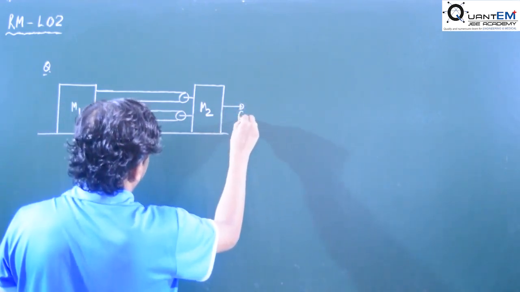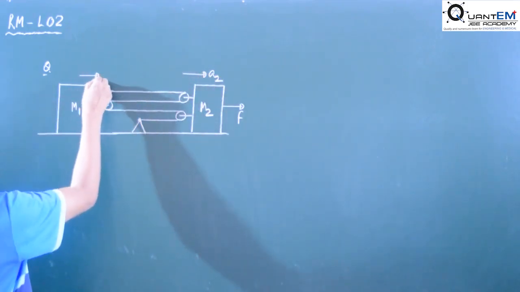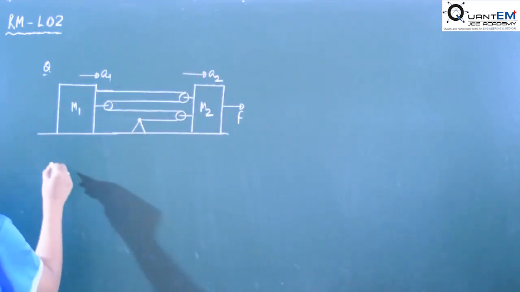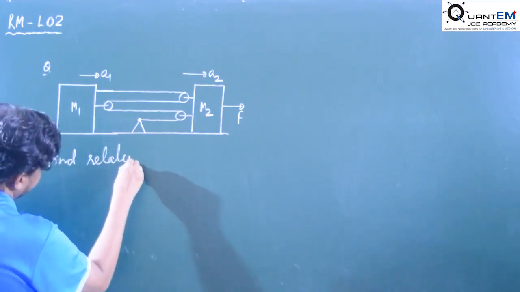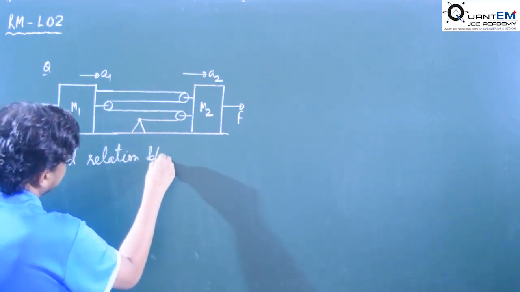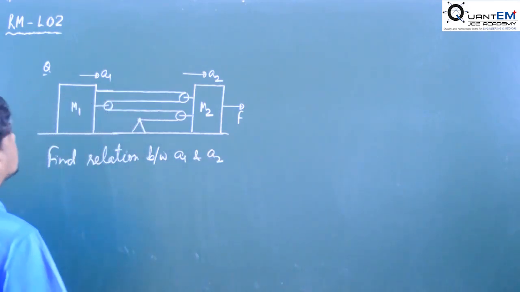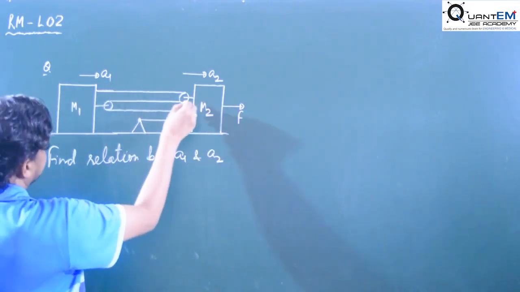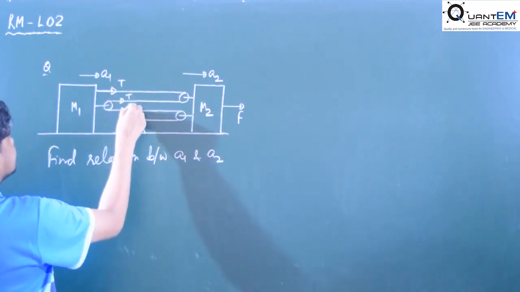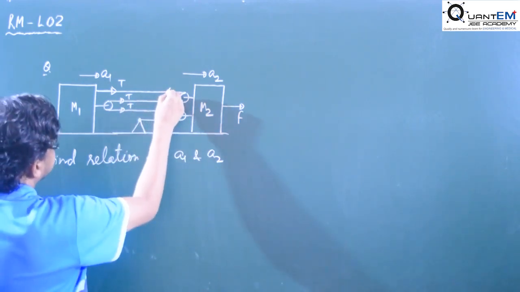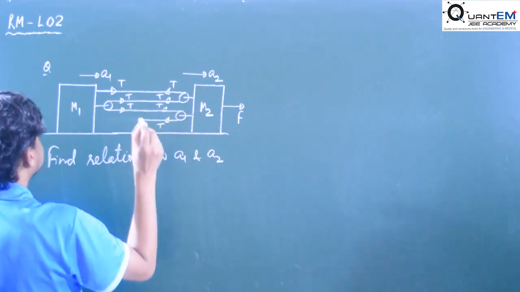Under given force F, mass M2 has acceleration A2 and mass M1 has acceleration what? A1. So you have to find the relation between A1 and A2. Okay, so we have a single string here, that's why tension at each point is equal, tension T, tension T and tension T.